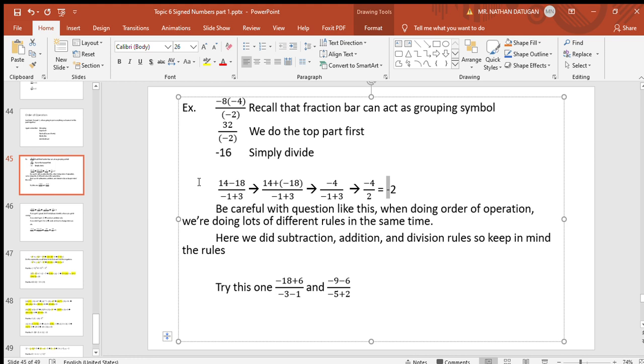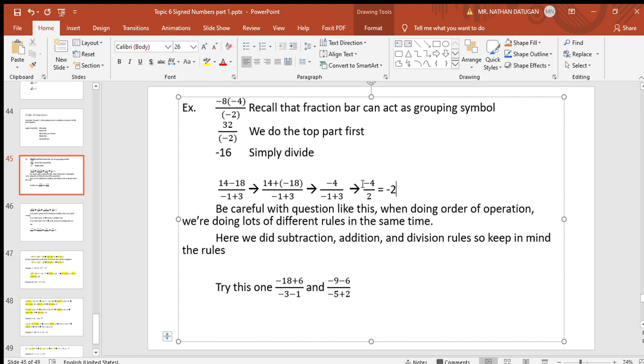Now this is a bit tricky problem, since in the order of operations we're doing different rules at the same time. The first part, we did the subtraction rule and then the addition rule on the top, then the addition rule on the bottom, and then all together, after we're done doing that, we did the division rule on this part, negative 4 divided by 2.